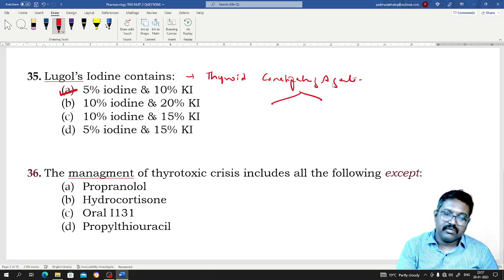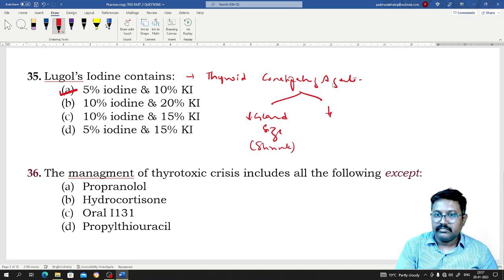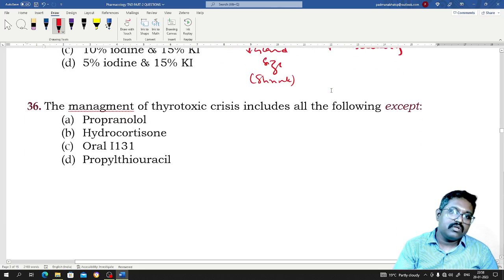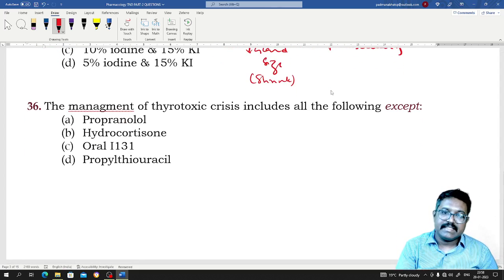Again, the main reason, one is to decrease the gland size, you need to shrink it, and to decrease the vascularity of the gland. So next, moving on to 36th MCQ. So the management of thyrotoxic crisis includes all of the following except for.